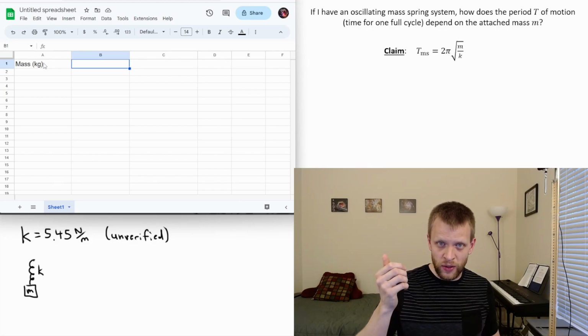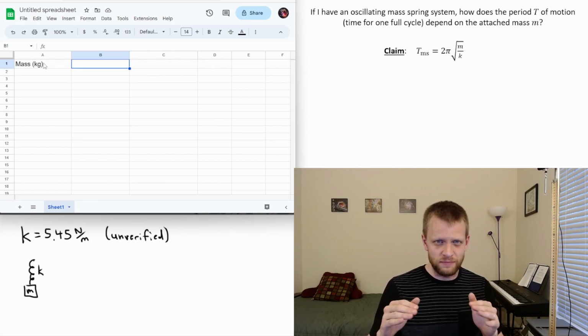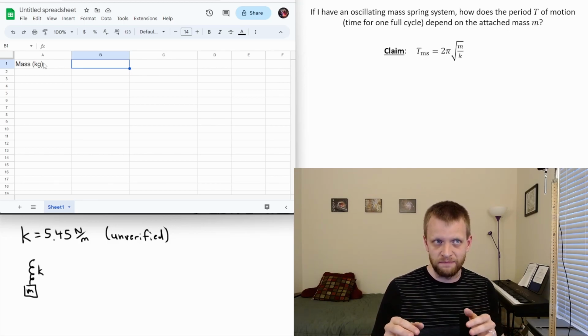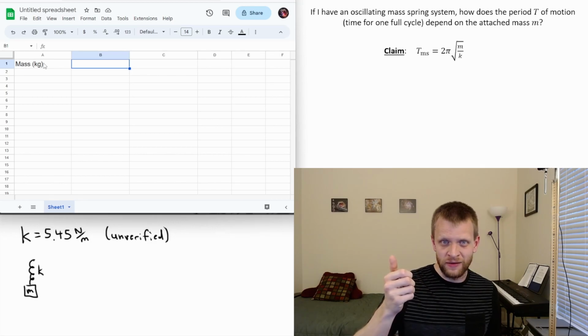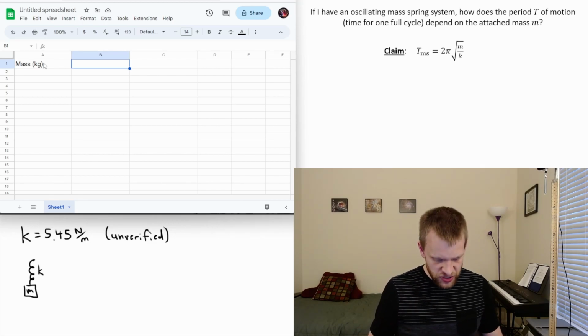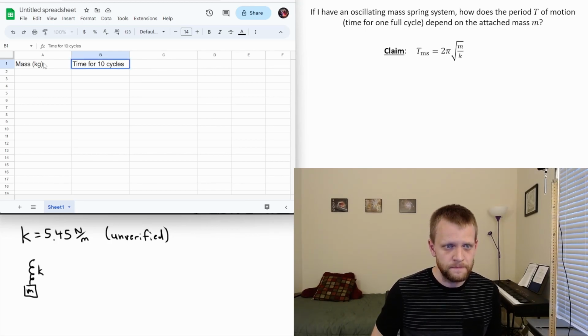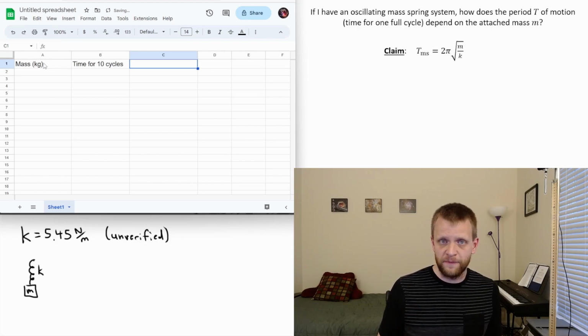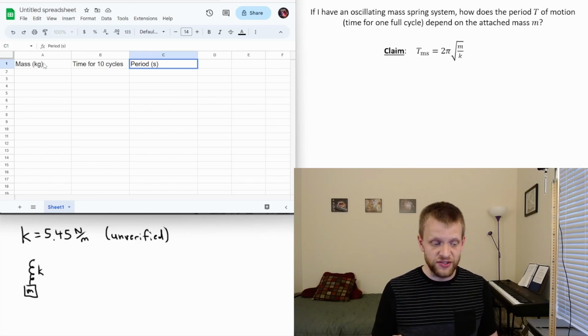Just trying to time something with a stopwatch, I don't really trust any stopwatch times that are less than around 2 seconds. If it's shorter than 2 seconds, just your reaction rate is not going to be good enough to get a very reliable measurement. So instead, let's look at the time for 10 cycles. Then if I know the time for 10 cycles, I can find the period of the motion, the time for one cycle. And again, that's going to be measured in seconds.